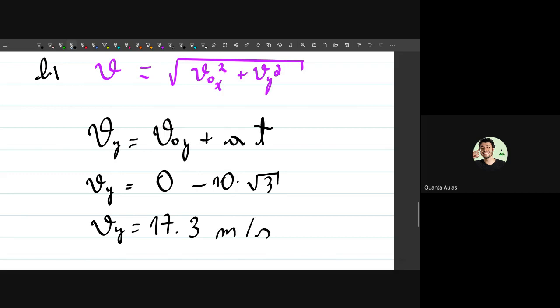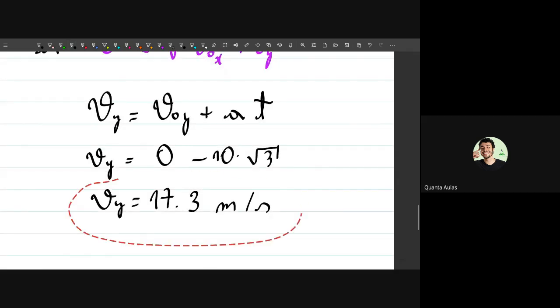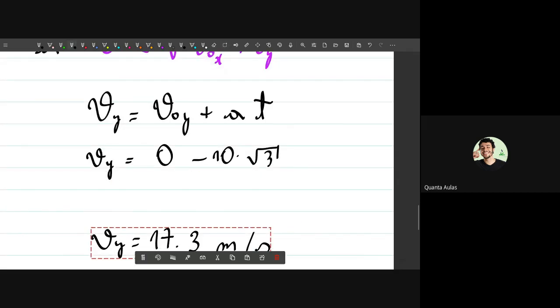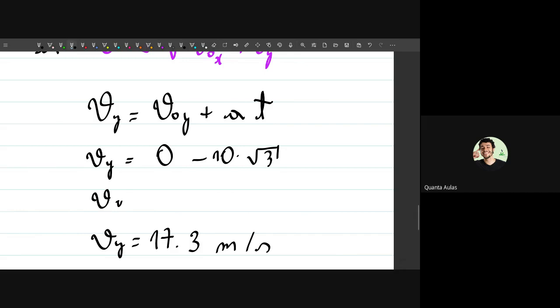I have a better idea here, because our velocity was first shown to us in the square root form. This is a simplification or another way to show this value.